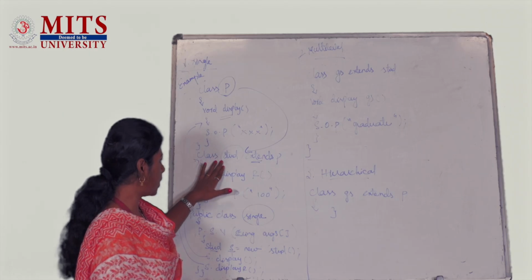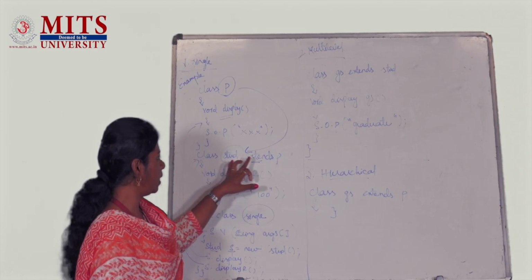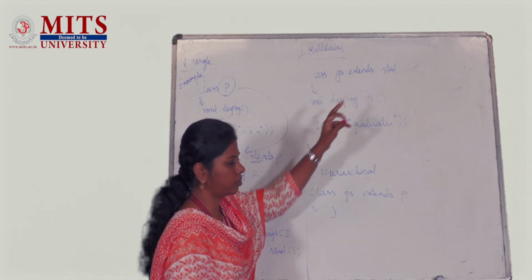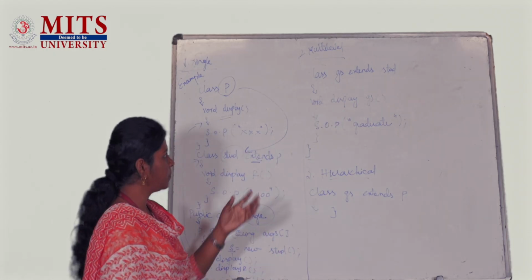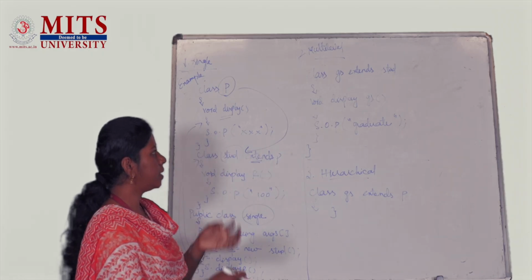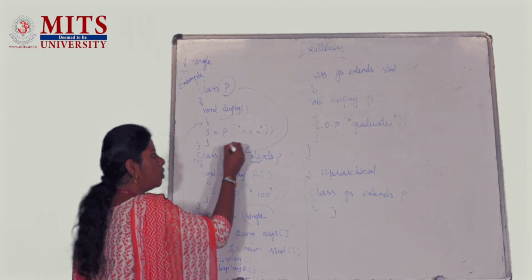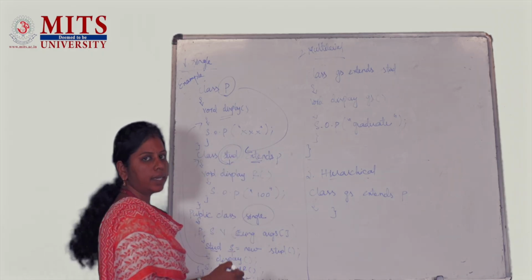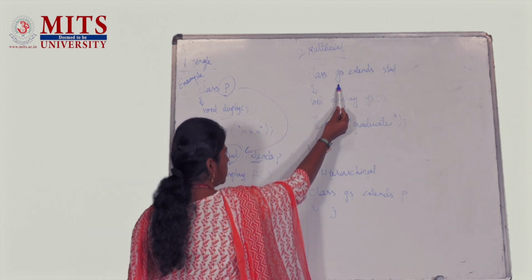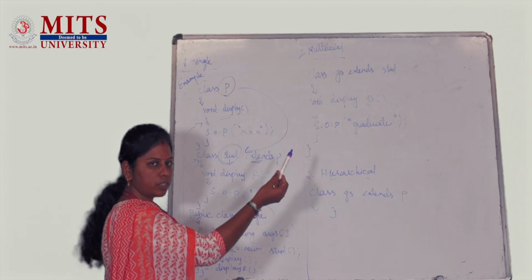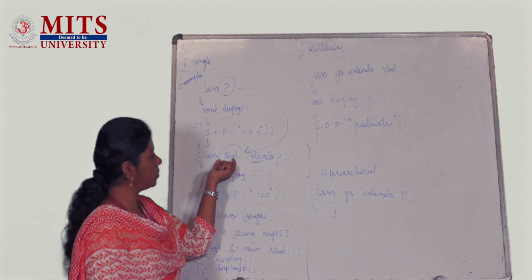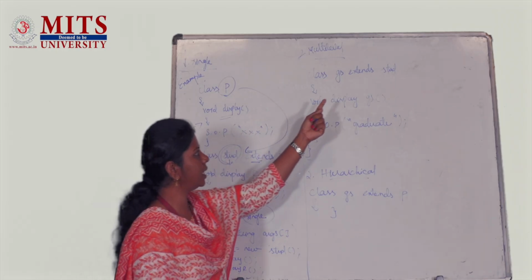This is our subclass, class student extends P. Again, here just consider class GS, that is graduate student, extends student. A class can inherit from another subclass. Subclass 1 is student, and subclass 2 is graduate student. This graduate student inherits from subclass 1, student. So graduate student extends student.